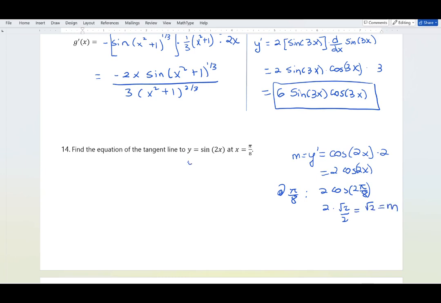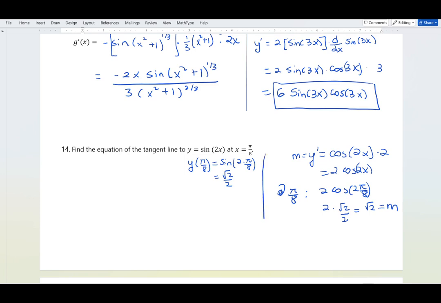And what about the y-coordinate? Let's evaluate it at the point x equals pi over 8. We'll get sine of 2 times pi over 8, the same as sine of pi over 4. So that's also square root of 2 over 2. Remember, pi over 4 is where sine and cosine are equal, right?